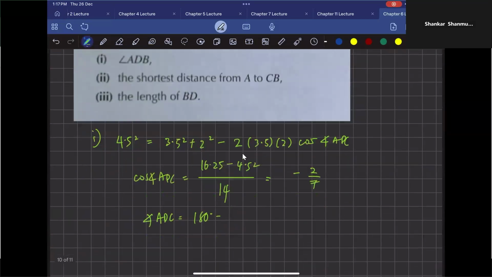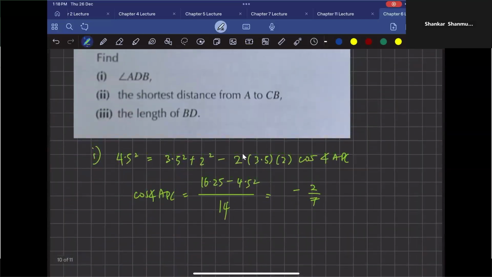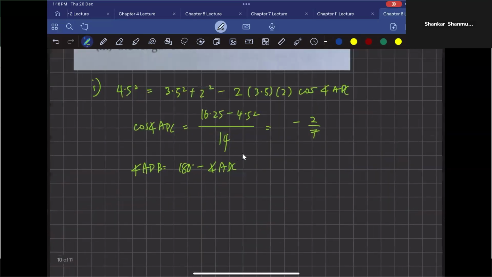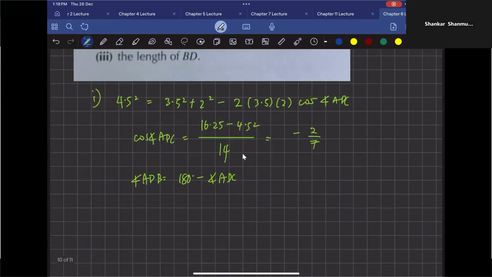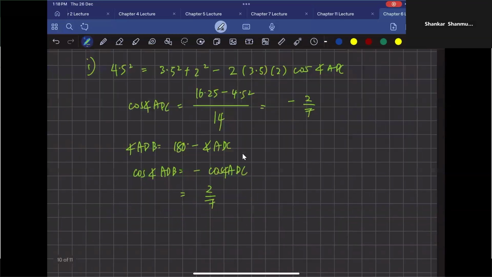If you want, we can straight away find angle ADB, because angle ADB equals 180 degrees minus angle ADC. So you can use your cosine identities: cos ADB equals negative cos ADC, so equals 2 over 7.